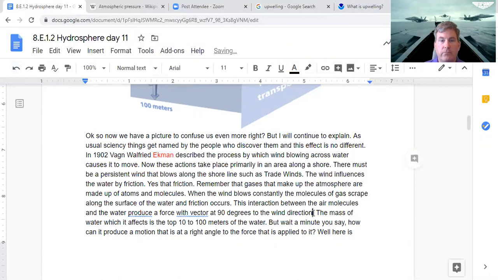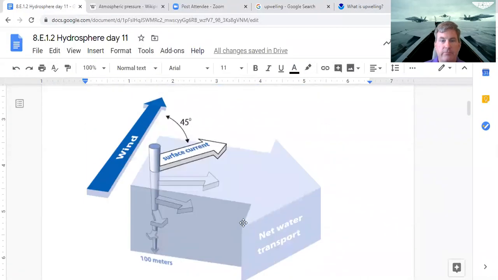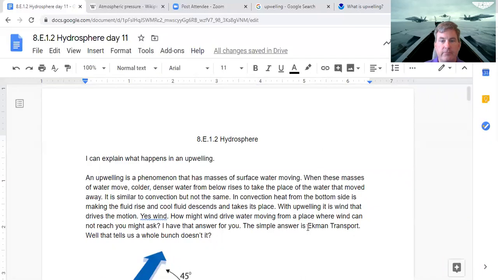So Ekman. Ekman transport. Why do we have upwelling? Ekman transport. What is upwelling?